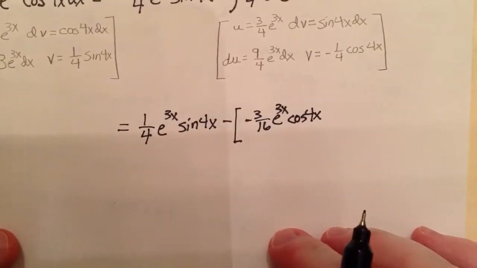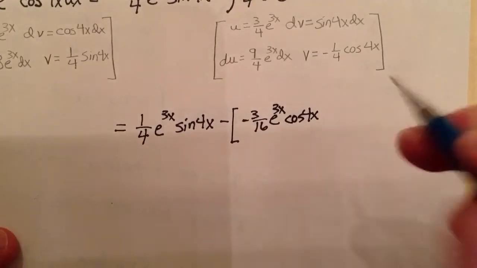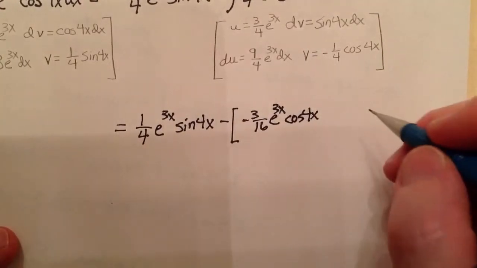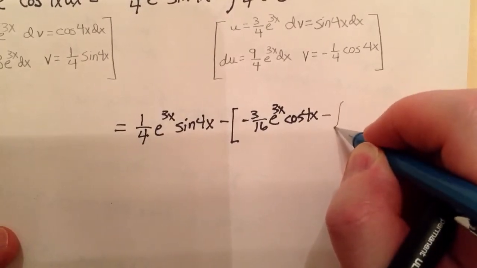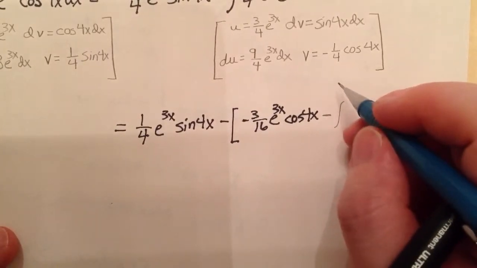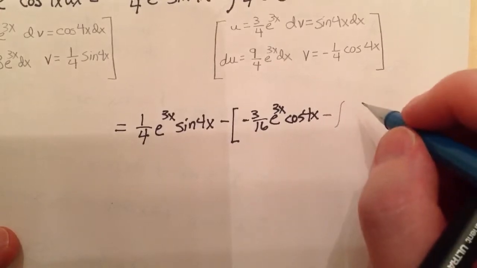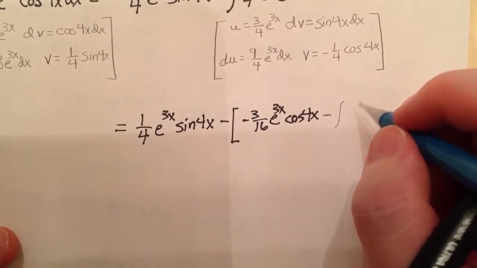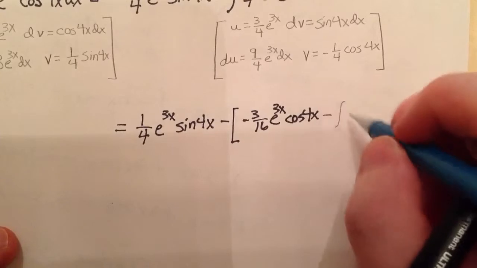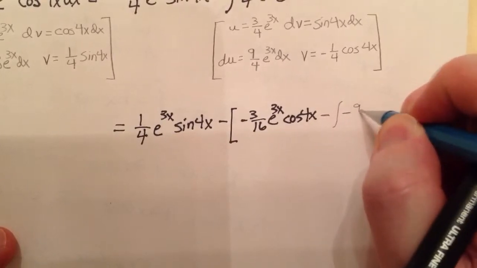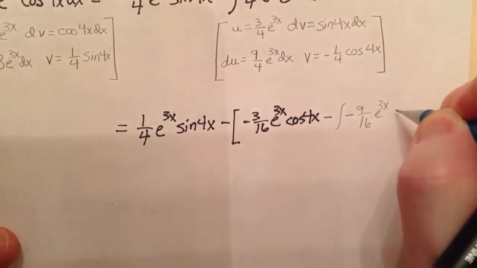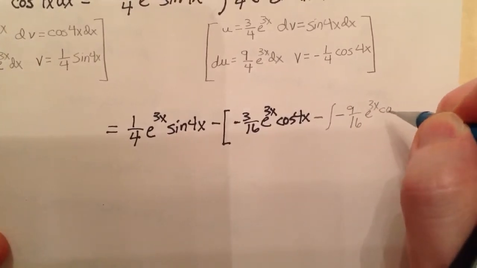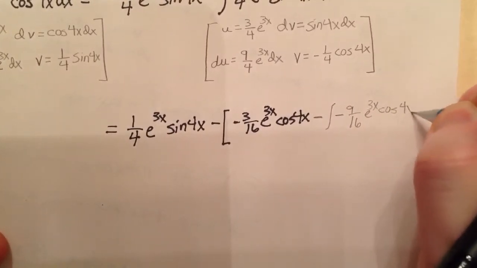And then we have minus the integral of v times du. For v times du we have negative 9/16 of e to the 3x times the cosine of 4x dx.